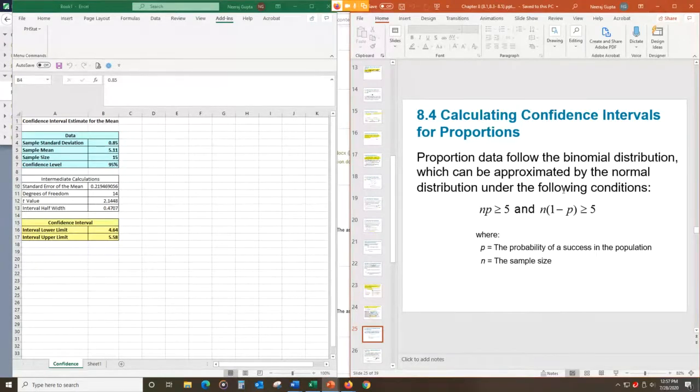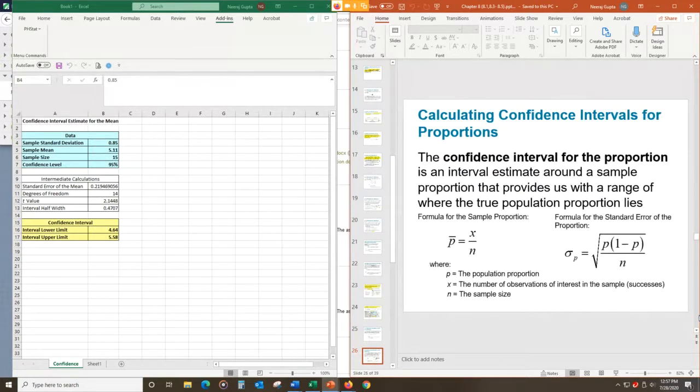And for the proportion, it can be approximated by a normal distribution if we have at least 5 successes and at least 5 failures. I'm just going over this quickly, and then I will take an example and show you the summary of chapter 8 as well.